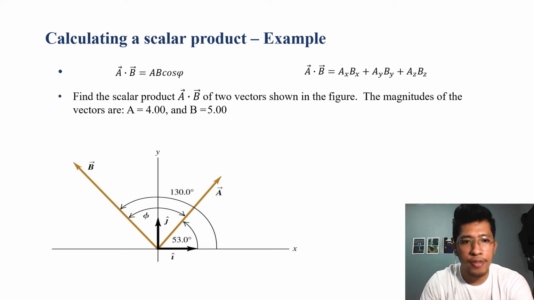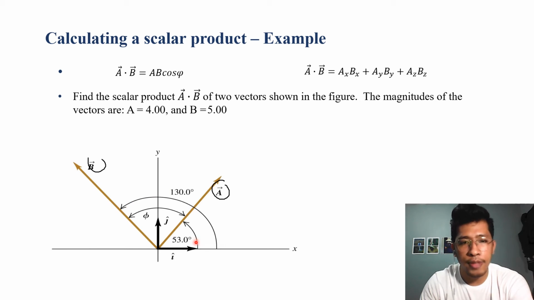Your first vector a is here, pointed 53 degrees north of west, and your vector b is here, and this is at 130 degrees measured from the positive x-axis.